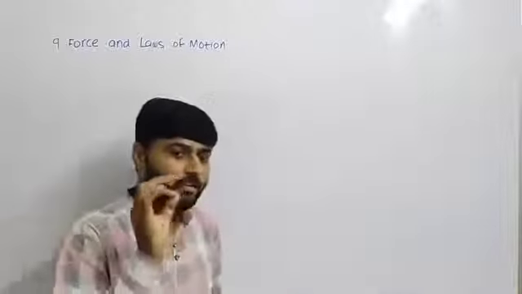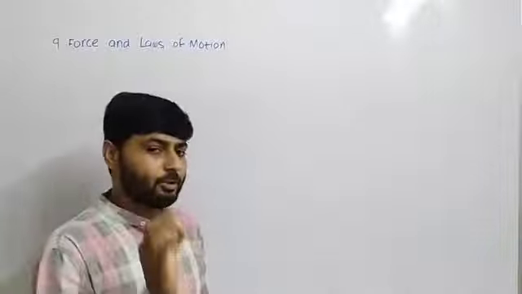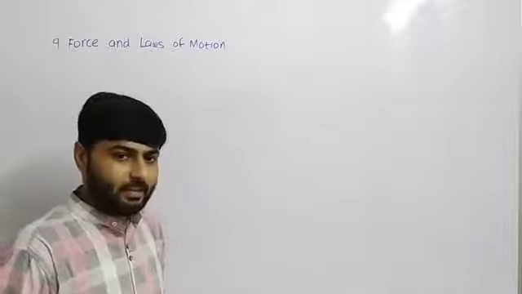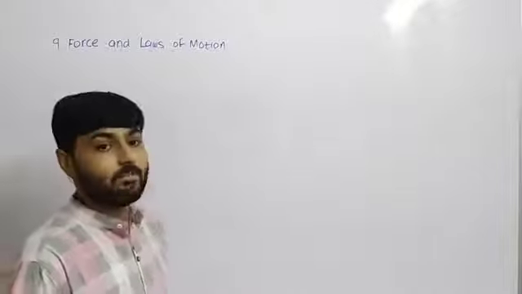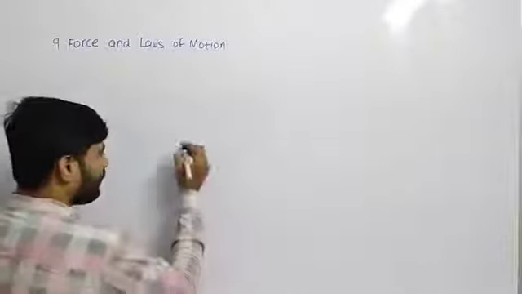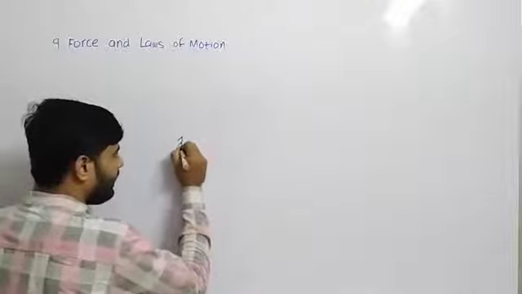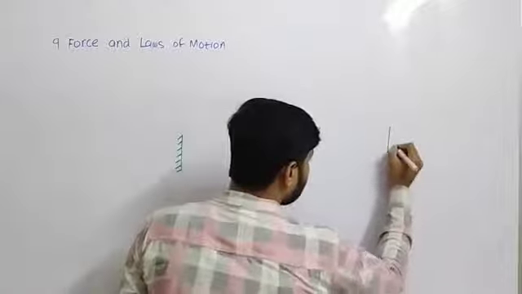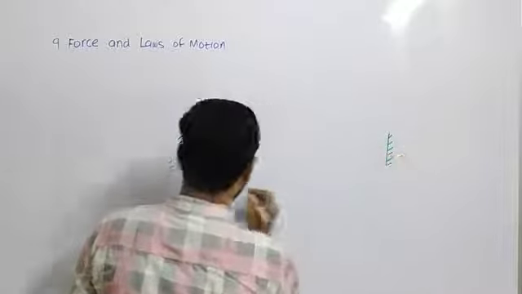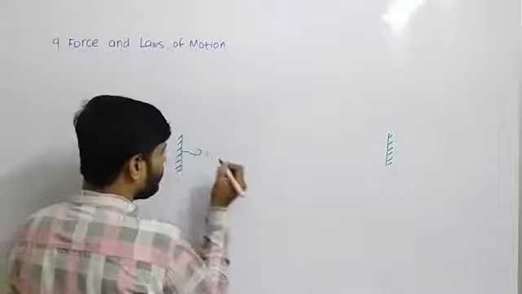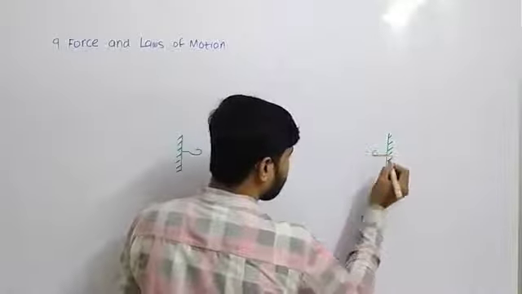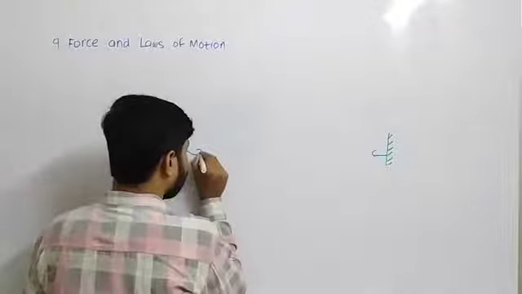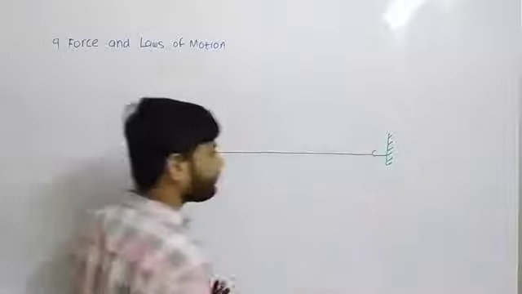Let's see one very interesting and conceptual example of the third law. If we take one balloon and one string, what we do? We will hang one string like this with hooks, and the string will be like this.